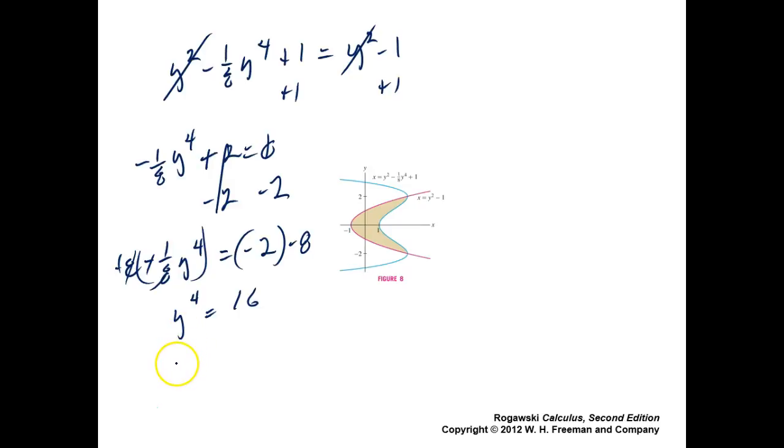Okay. Let's do a square root. So y squared would be 4, and y would be plus or minus 2. Fourth roots are okay, except you might not pick up all the things.